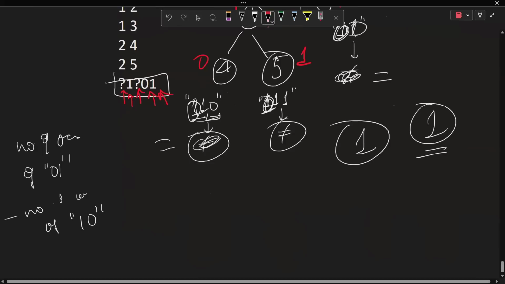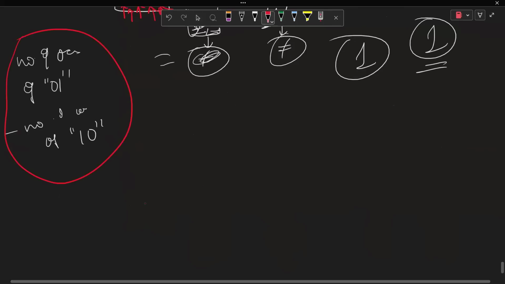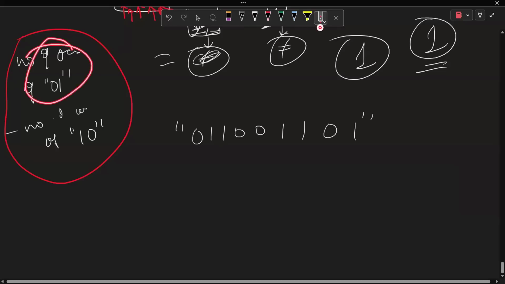So what is this thing? Okay, if you take a look at this, for any binary string, let's say some 0, 0, 1, 0, 0, 1, 0, 1. Let's say you have some binary string, you need to find the number of occurrences of 0, 1 and the number of occurrences of 1, 0.